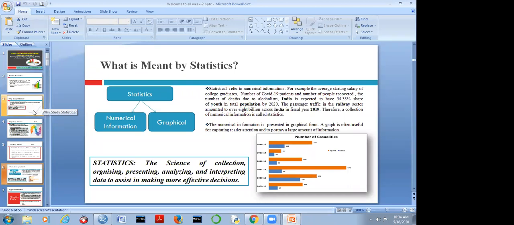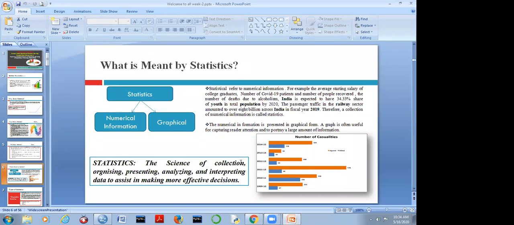So statistics represents numerical information and graphical information. So what is statistics? Statistics is the science of collection. You say you have collected the information, you collect the data. Do you think that data is really useful?